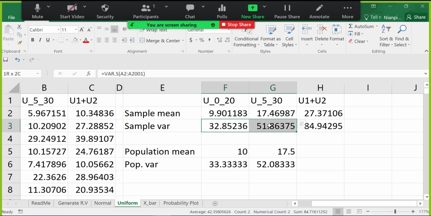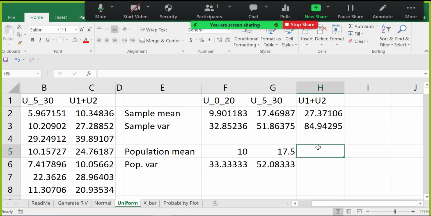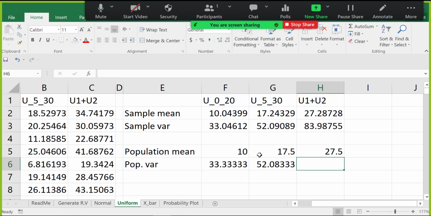And this one added together is around 84 point something. So this is true because of the linear combination. Theoretically, this equals the first one's mean plus the second one's mean. So you see this is quite close, right?